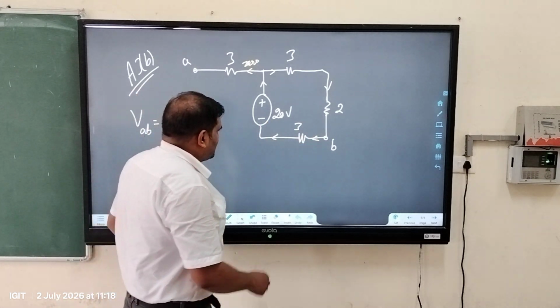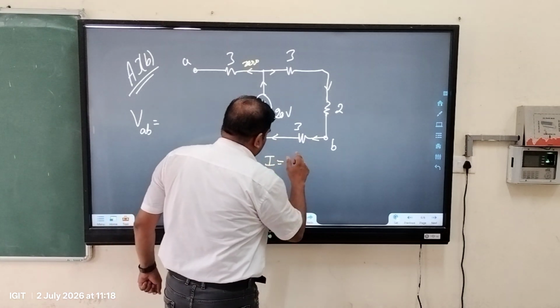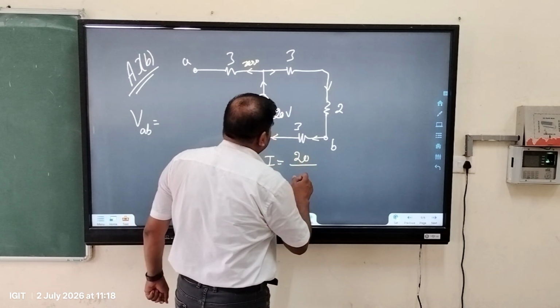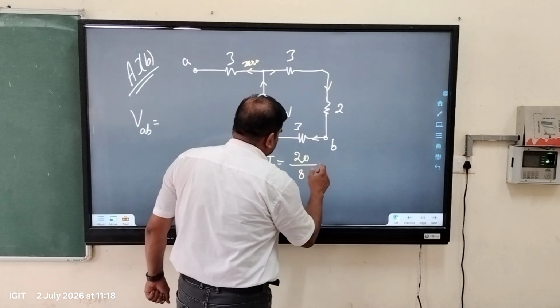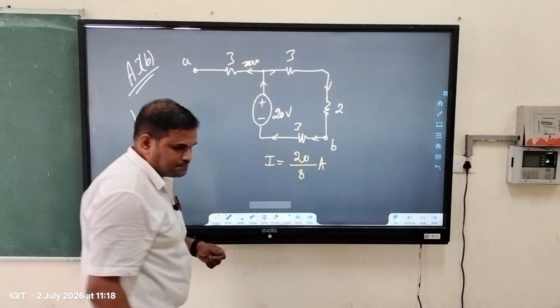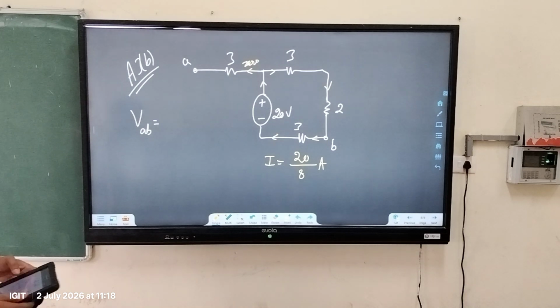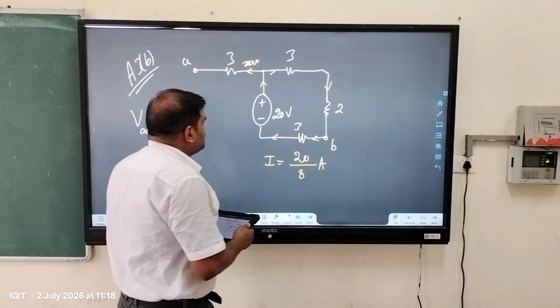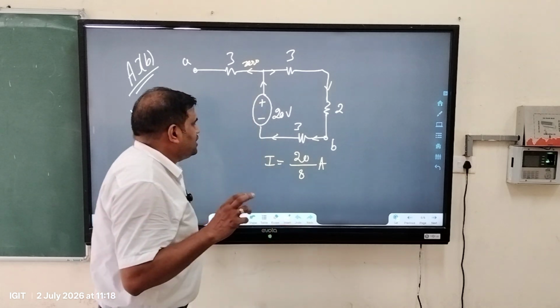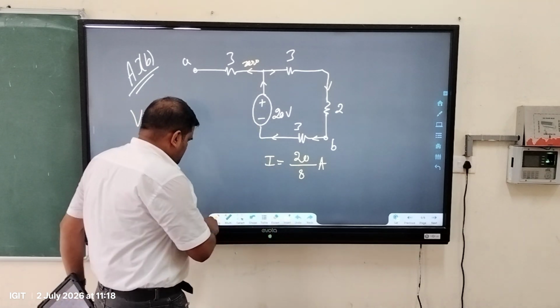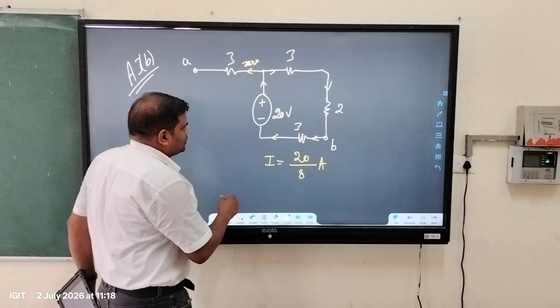So what is the value of the current? The current you can find straight away is 20 divided by 8 amperes. Okay, KCL, KVL, the sign also has to be mentioned.